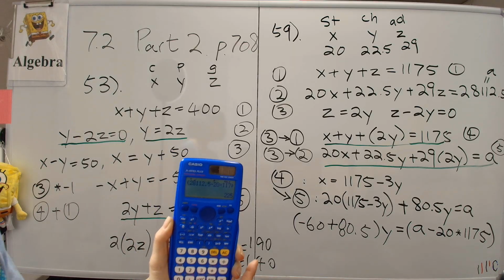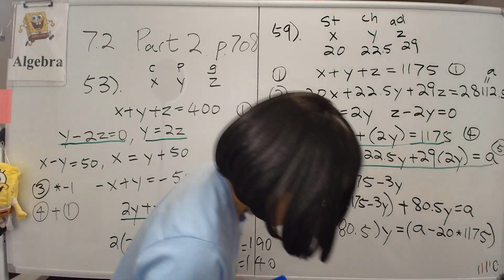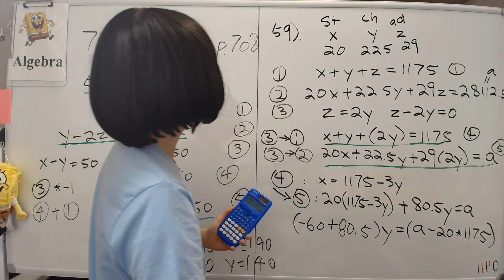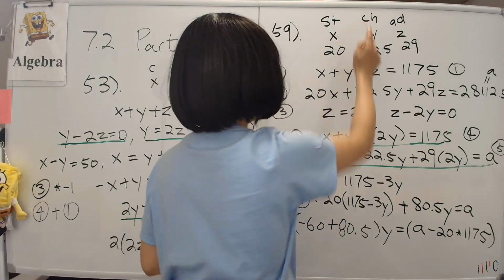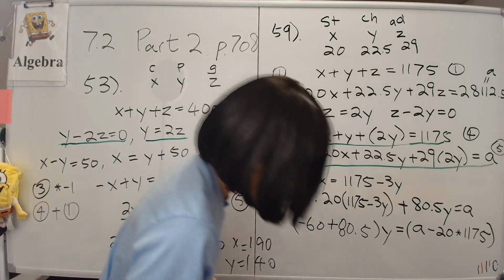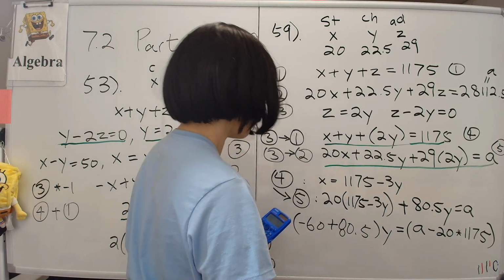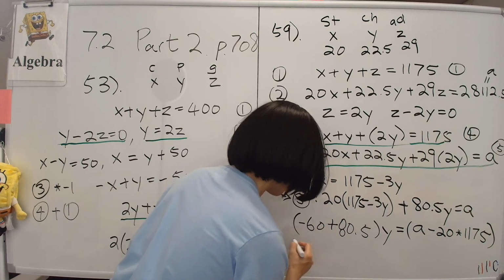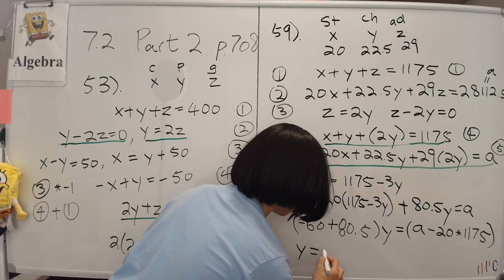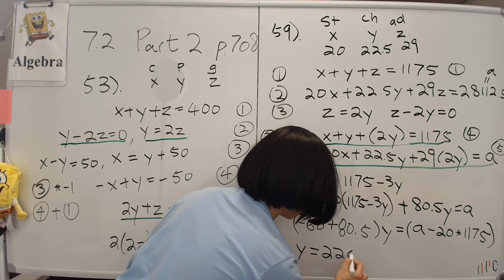Okay, I got 225, is that right? Yep, because we said y is the children, and the answer at the back says children is 225. So this is correct. Awesome. y equals 225.